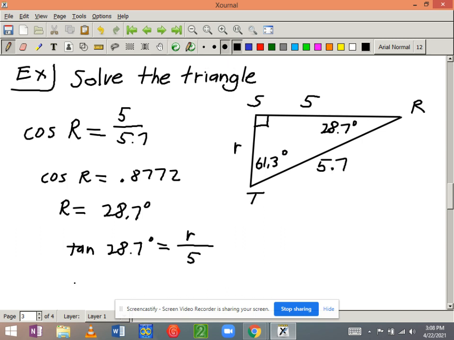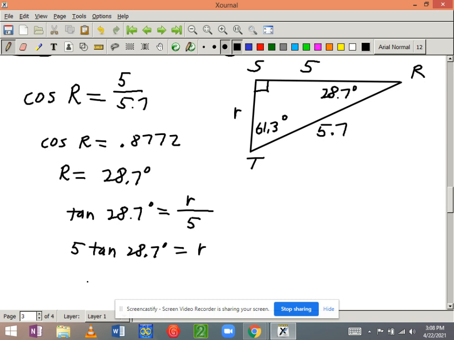So let's just solve that. We're going to multiply both sides by 5. So 5 times tangent 28.7 degrees equals R. And we'll just multiply that out this time. We'll get that third side of that triangle. So I'm going to do the 28.7 tangent first, and then multiply that by 5 after that.